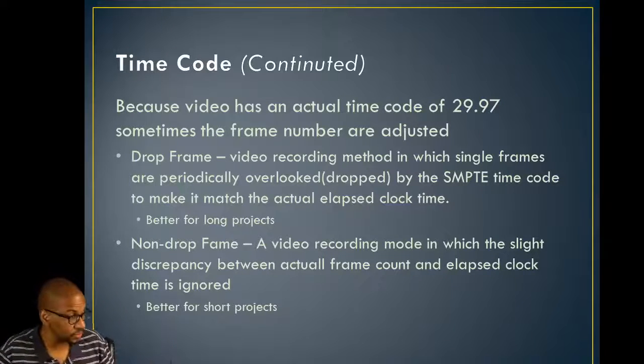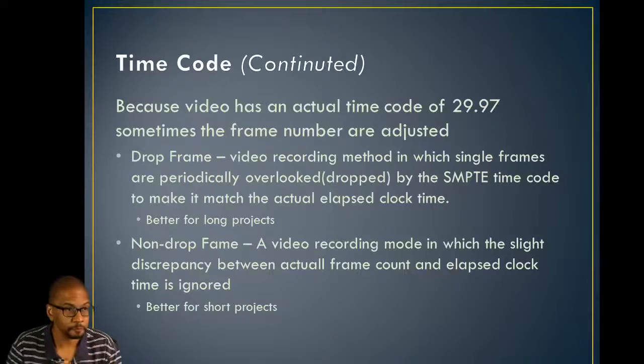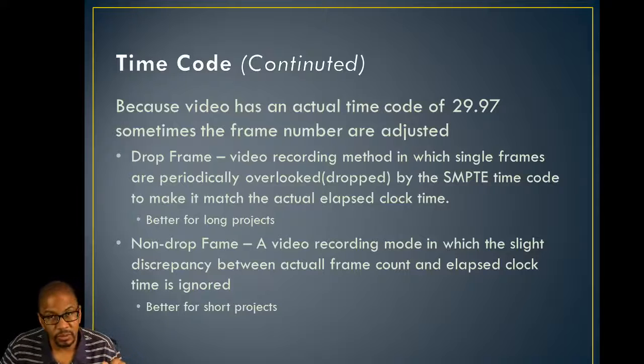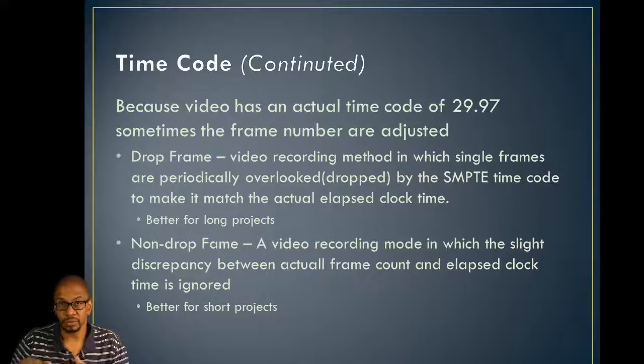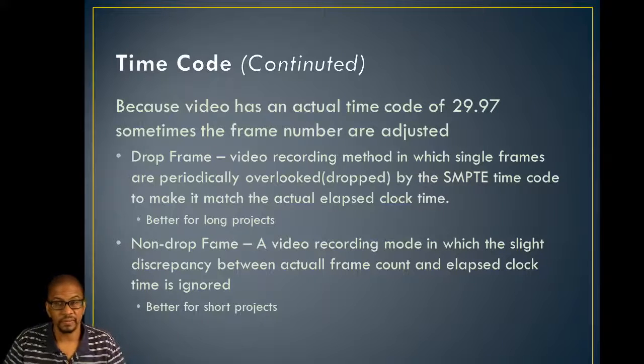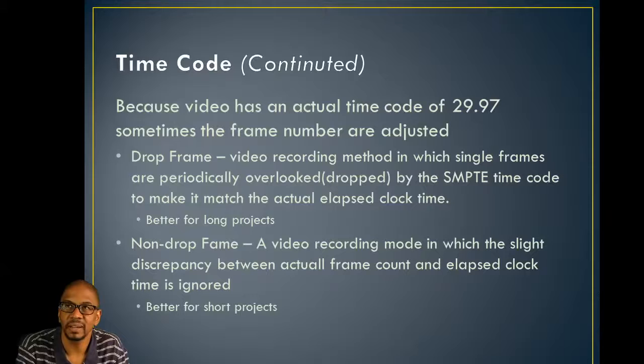For this class, you won't be doing projects big enough for it to matter, but sometimes when you are dealing with settings and time code, now time code, I said, is 30 frames per second, but the real Jeopardy answer is actually 29.97 frames per second. So that fraction of a second, where does it go?